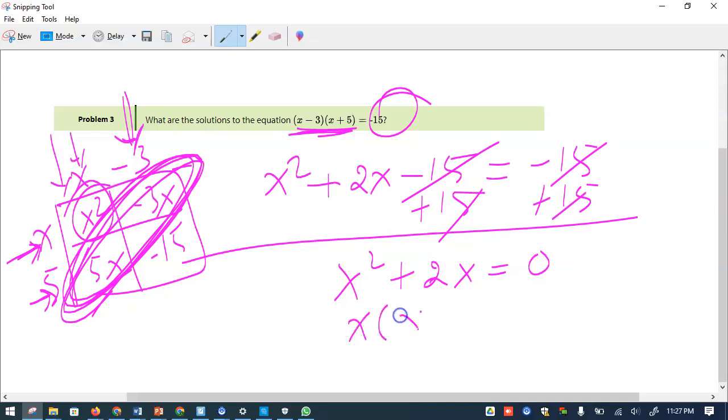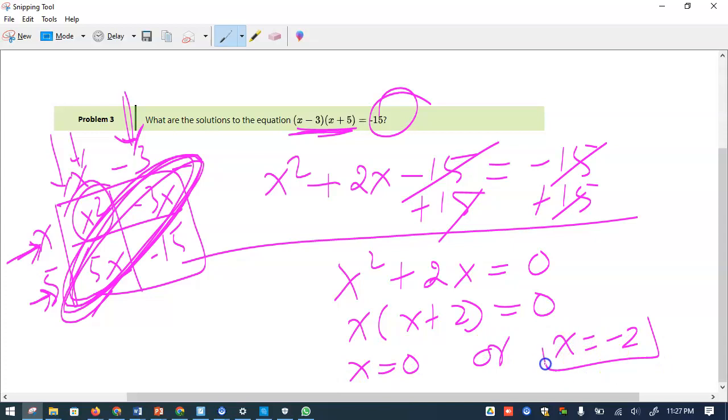We can take x common from both, so x(x + 2) equals 0. And then clearly either x is 0 or x equals negative 2. So these are the two answers. So what are the solutions? The solutions are like this, and you're done. That's all it is.